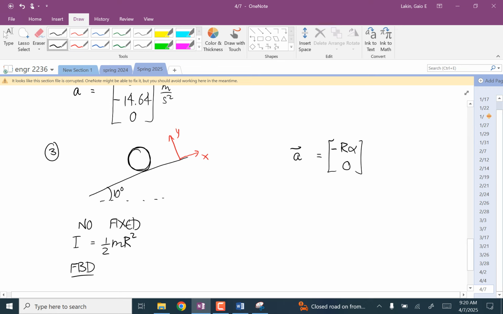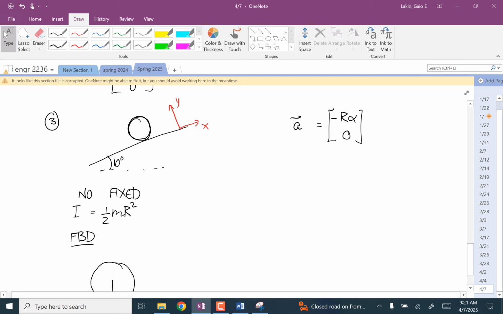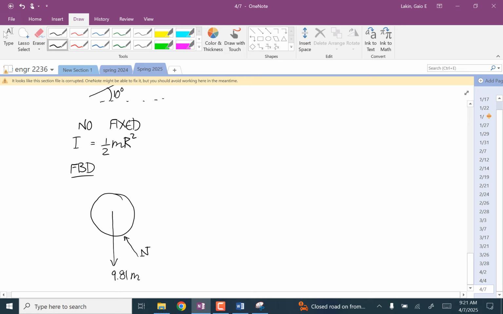Well, it makes sense that has to be true. You have a force going the other way. It has to be preventing acceleration. So this force is going this way. And then that's all the loads acting. Anyone have any questions about that?